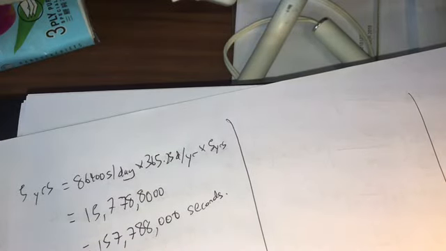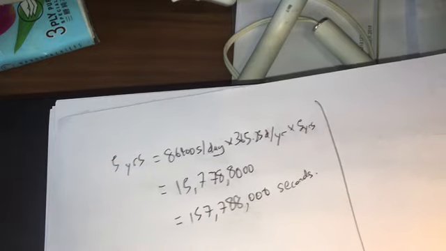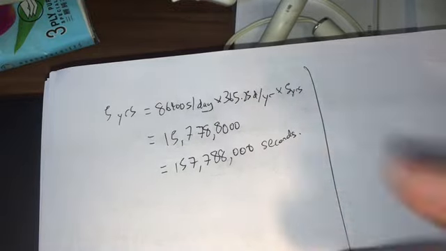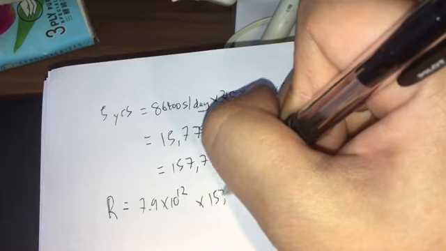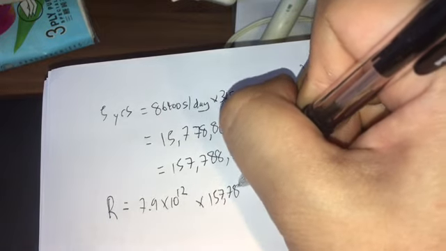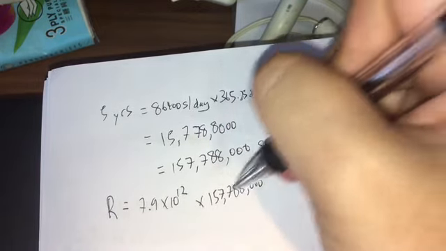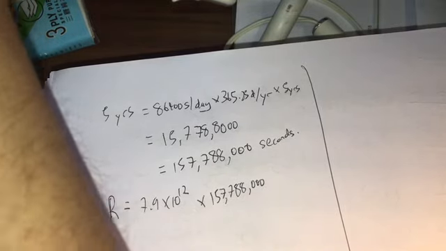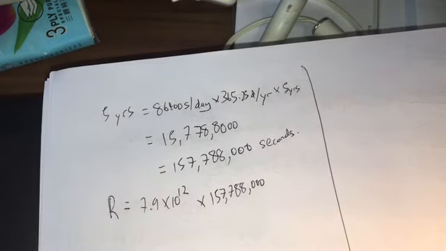And then the next question we want to ask, we're going to continue answering our question: how many interactions, how many scattering events do we have in this whole 5-year time span? So R equals 7.9 times 10 to the 12 times 157,788,000, and we'll just multiply that in the calculator or Excel, which is a great calculator.